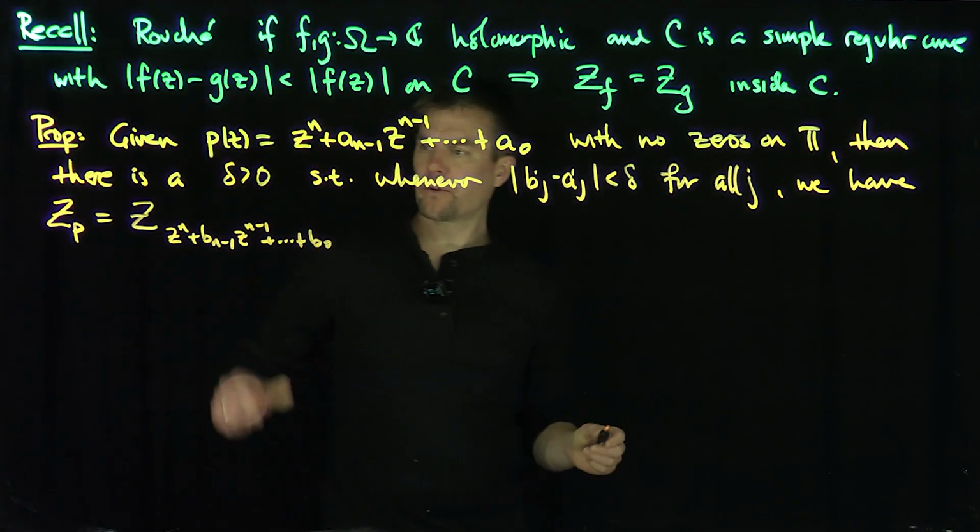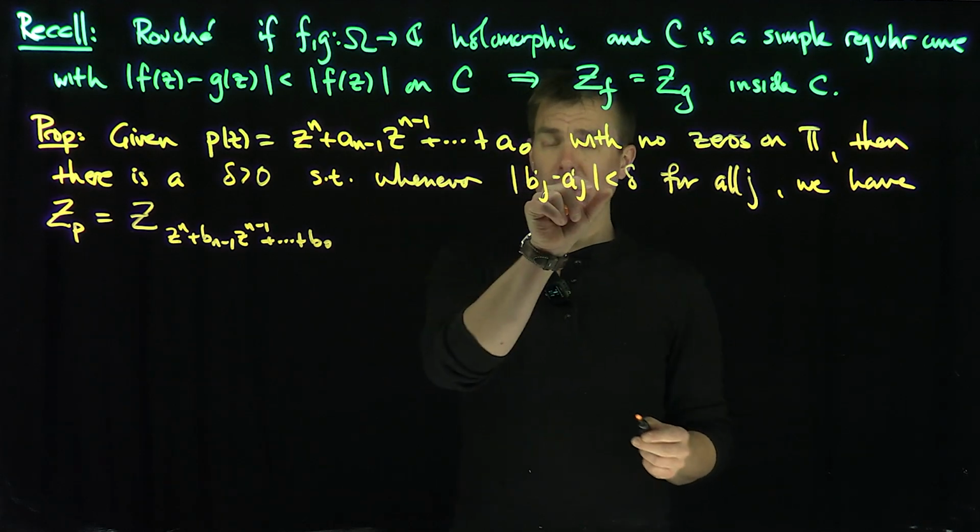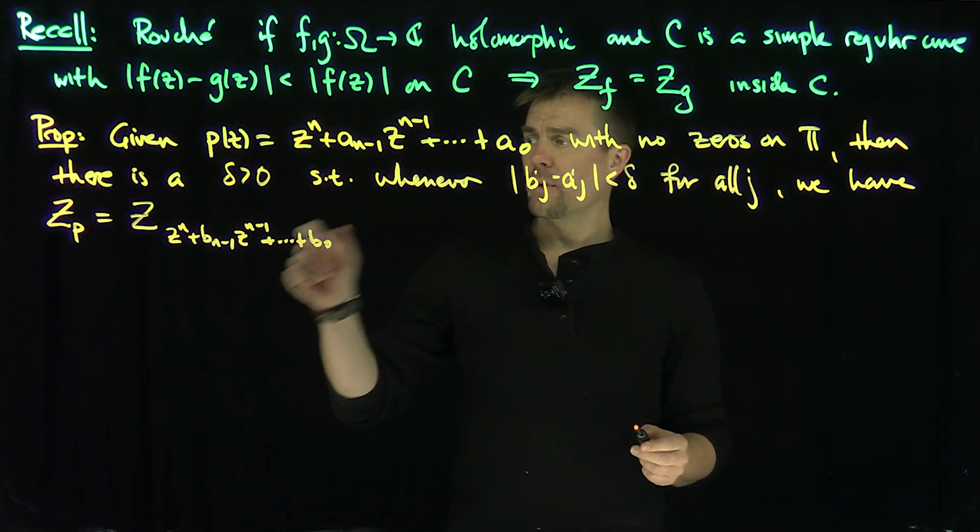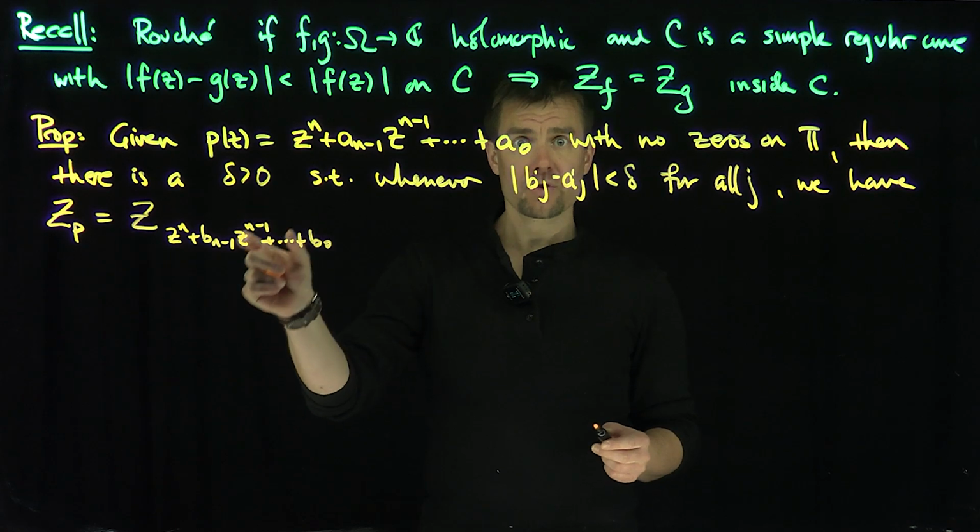In other words, if the coefficients of another polynomial are uniformly close within this delta to this polynomial, then the zeros of p and the zeros of this new polynomial are the same.